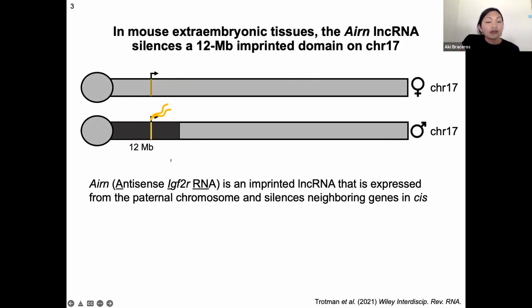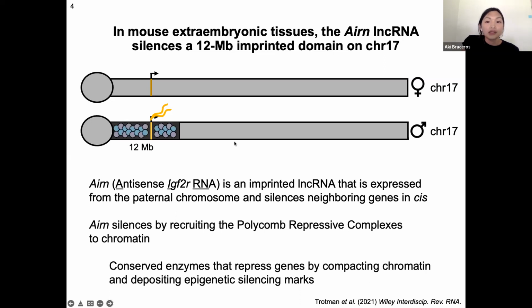Airn is expressed from the paternal chromosome, specifically of chromosome 17, and it silences its neighboring genes that span across this 12 megabase domain. Airn silences in cis, meaning in this context that it only acts on the chromosome from which it was transcribed, so you'll never see it act on any other chromosome or the other allele.